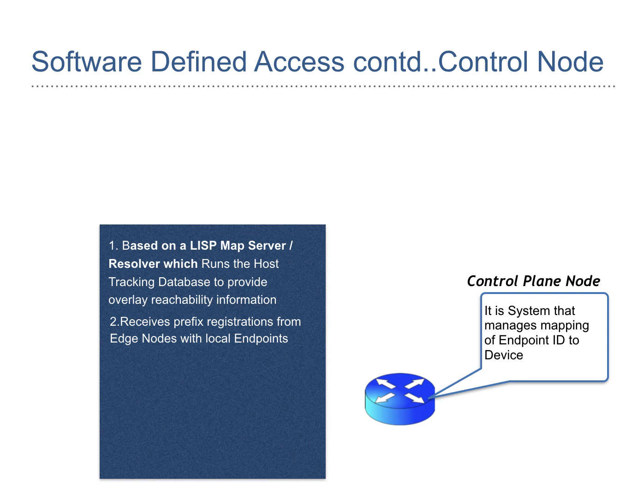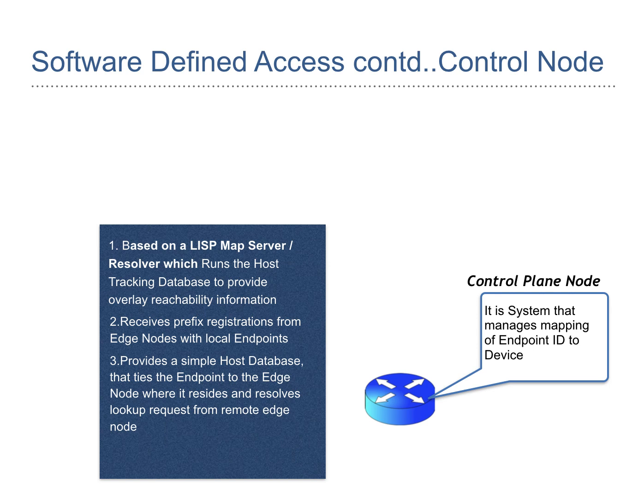So it has a database for both, and it also gives you a simple host database lookup for endpoints on the edge node wherever they are residing. It resolves the lookup requests from your remote edge nodes to locate the endpoint. That is the third point.